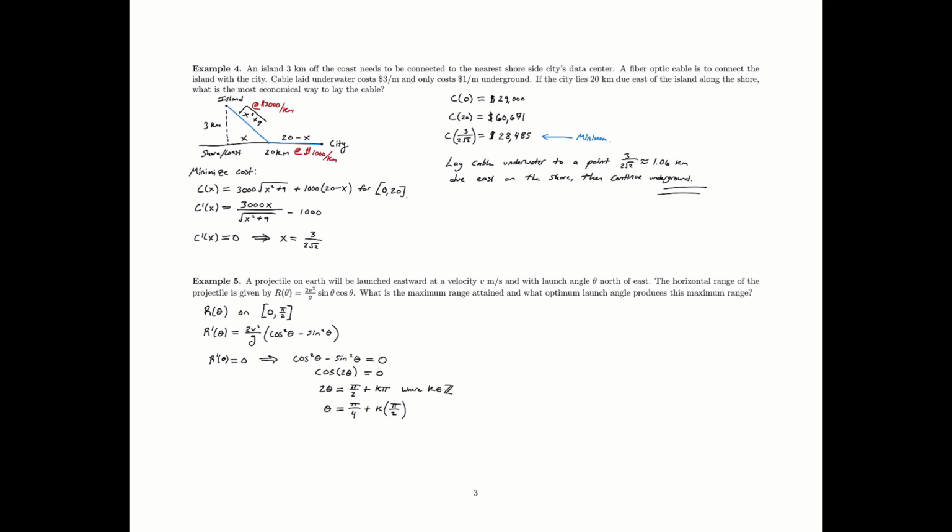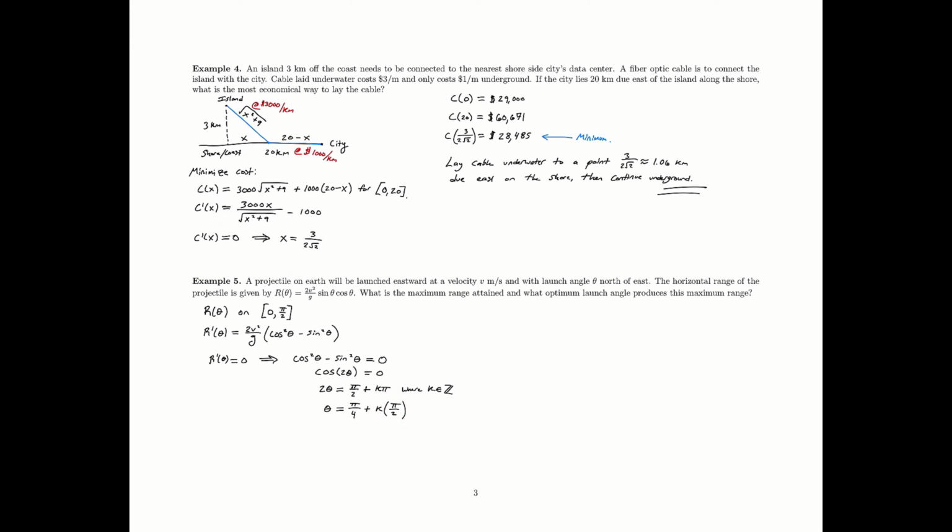So this symbol here, we know that this means all real numbers. Well, this symbol here means all whole numbers, positive, negative, or 0. So this is for any integer k. So here, we can add or subtract any multiple of pi over 2.